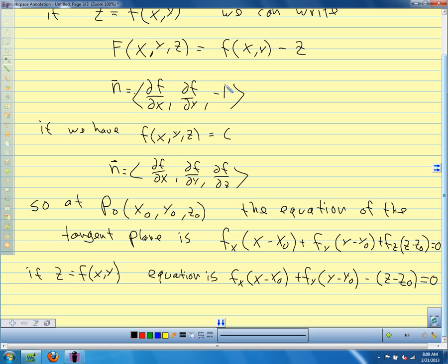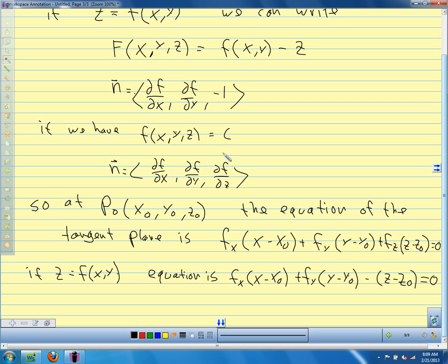Yes? When you rewrite z equals f of x y as f of x y minus z, why do you use z? Why don't you just use some constant that you subtract? We want our equation to represent a surface. So if we said f of x, y minus a constant, then we'd be taking that z portion out of it, and the z is what gives us our surface. But why do you have to subtract?